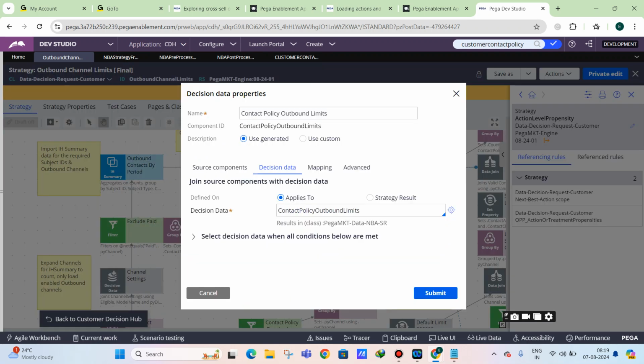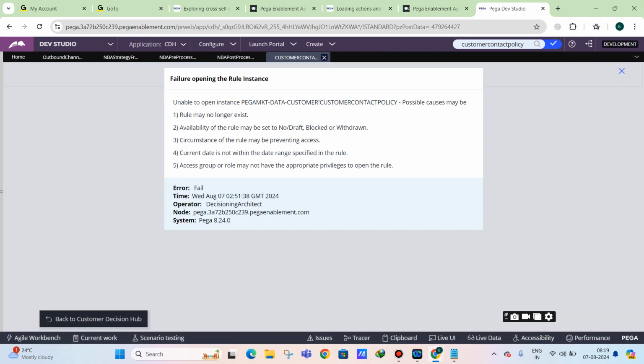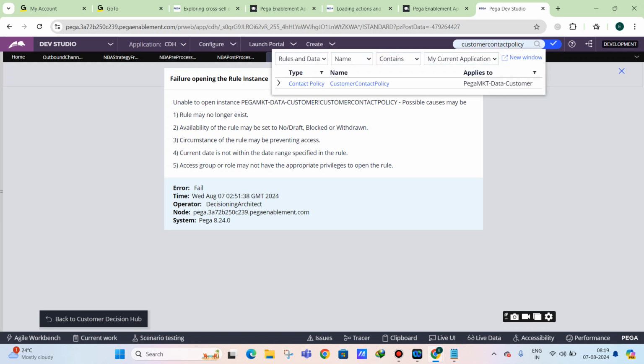If you see here, it clearly says accepts on email for 7 days, count over 7 days, count over 30 days. Some rules like that are there. But the customer contact policy is the one that will be updated.